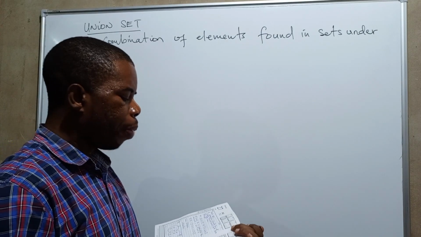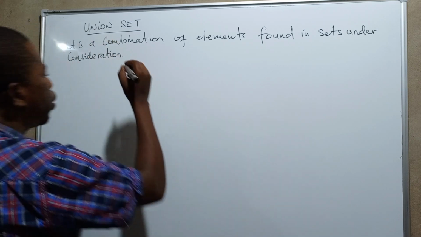So elements found in both sets are written once. That is a point to remember.